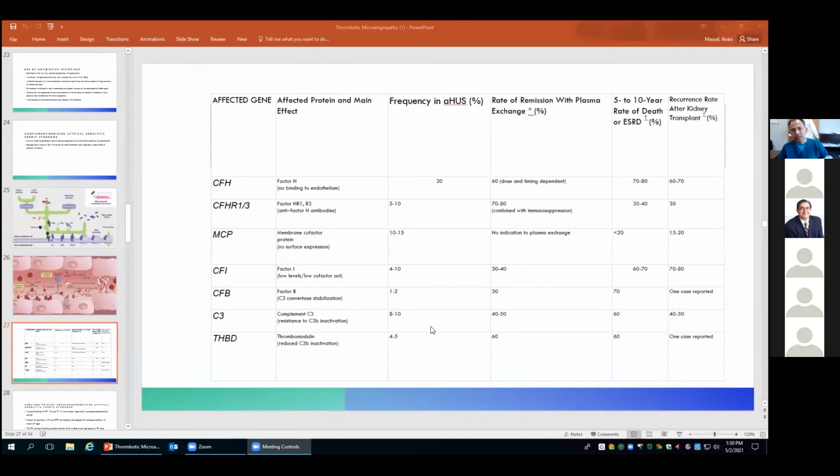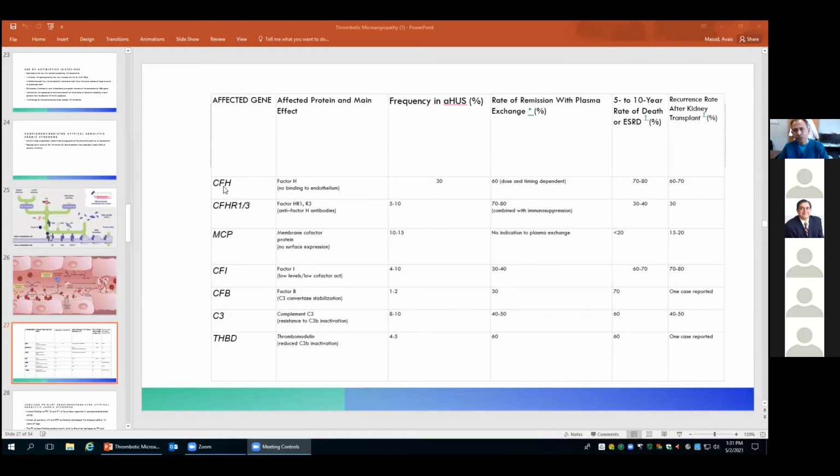So there are some important factors you need to remember in the pathogenesis of complement-mediated HUS. Factor H is one of the regulatory factors of the complement alternative pathway. When there is a mutation and its activity is less, that is the most common cause of complement-mediated HUS.